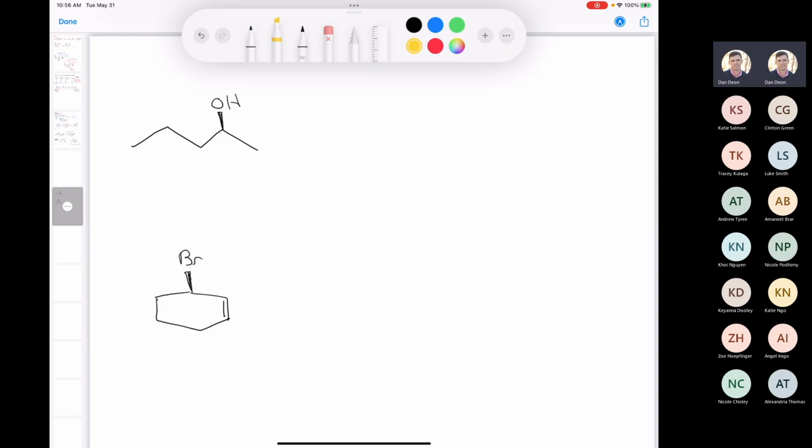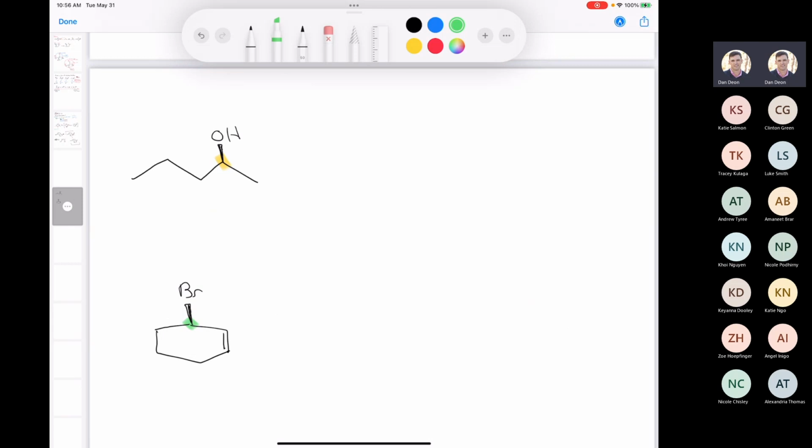I want you to determine the stereochemistry here and here. Could anybody tell me what the one in yellow is? Would it be R or S? Talking about just the one in yellow. We'll start there.